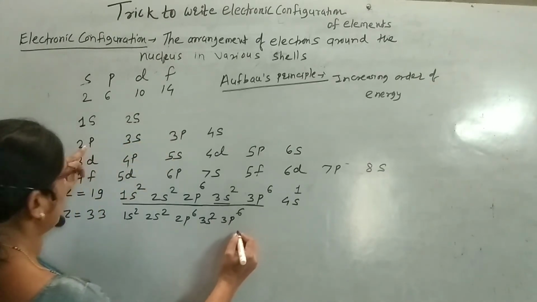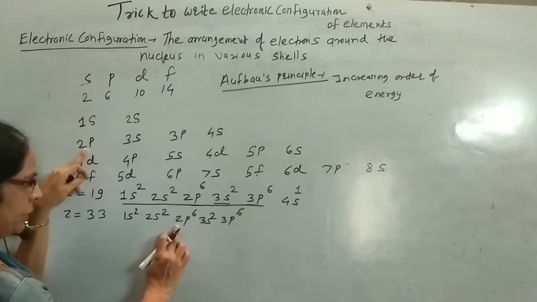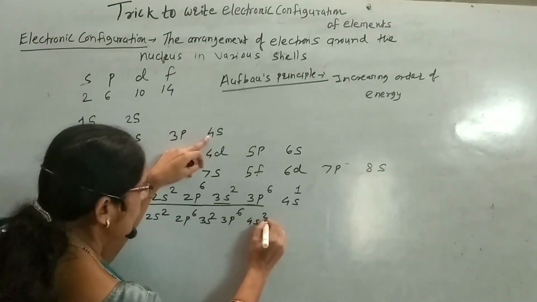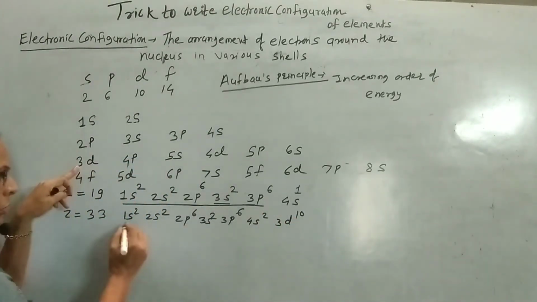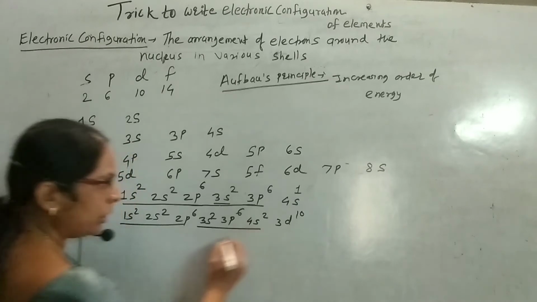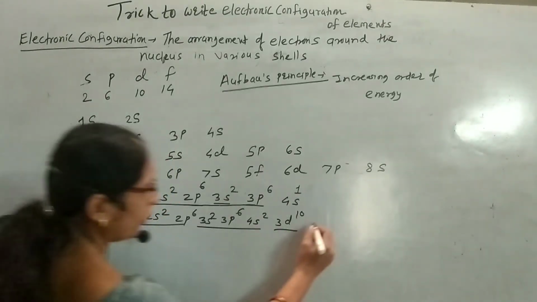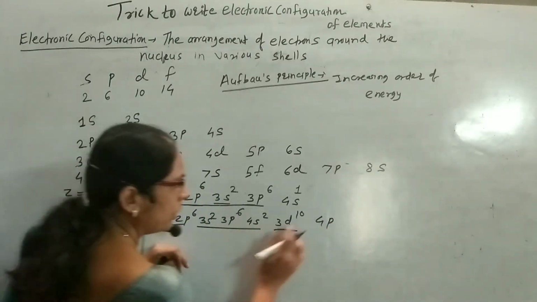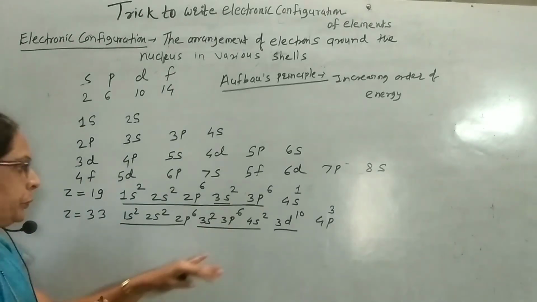Then after 1s2, 2s2, 2p6, 3s2, 3p6, I have to go for 4s2, then 3d10. Now count: 10, 20, this is 30. Then next is 4p. So how many are remaining? 30 are done, so only 3 remain, so the electronic configuration goes like this.